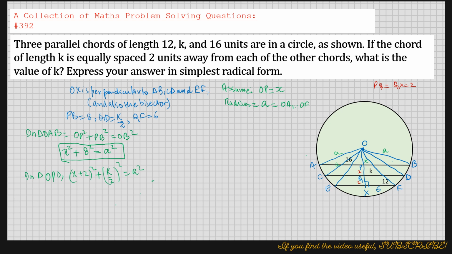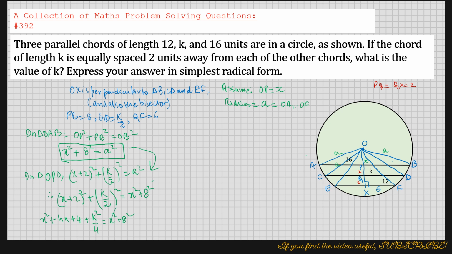And so we can put in the value of a square. Instead of writing a square, we can write x square plus 8 square. So x plus 2 whole square plus k out of 2 whole square equals x square plus 8 square. If we remove the brackets, we get x square plus 4x plus 4 plus k square out of 4 equals x square plus 8 square.